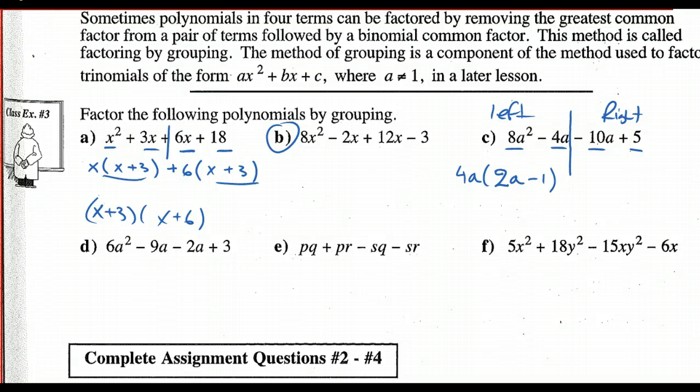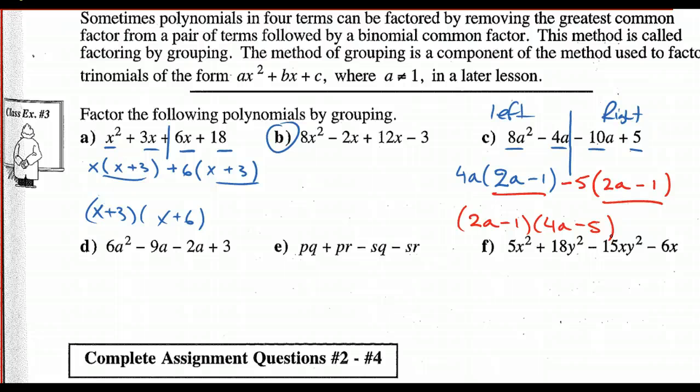Now this becomes a positive 2a, and this becomes a negative 1. And bingo, my two binomials are the same, so I can pull the binomials out in the front, and 4a minus 5 is left over.